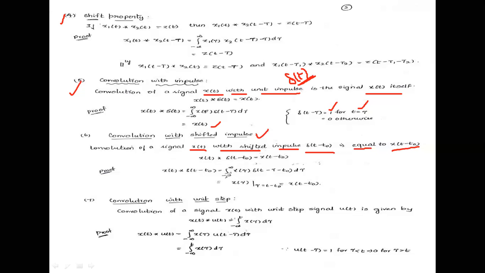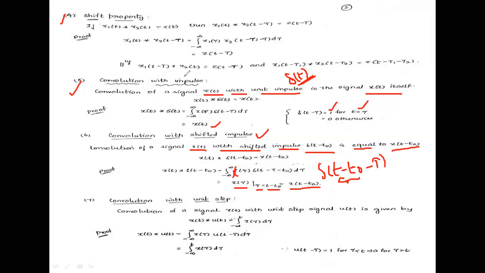The definition says the integral from minus infinity to infinity of x of tau delta of t minus t naught minus tau d tau. So what is t here? t minus t naught. So the output is x of t minus t naught.